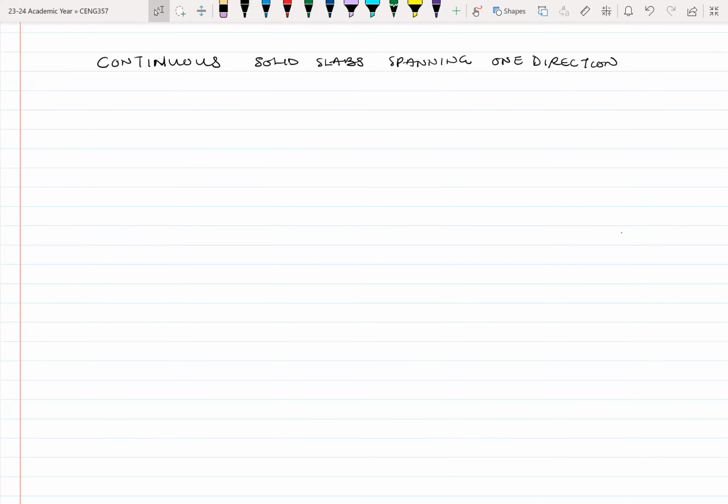All right. So for a continuous slab, a few things that we need to note: we need bottom reinforcement. Also, bottom reinforcement is required within the span.